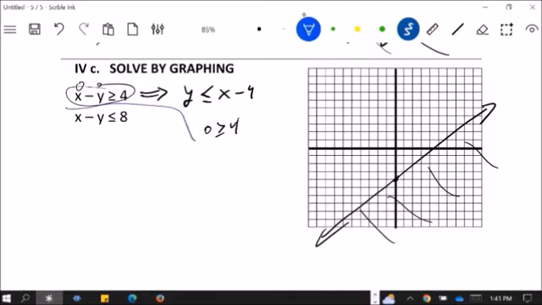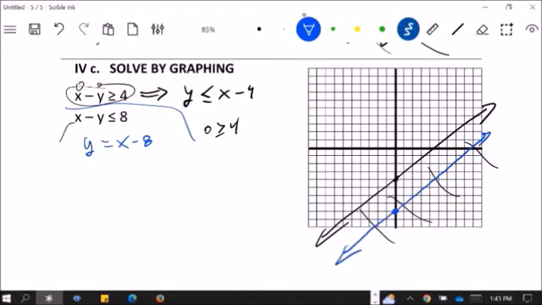Let's use blue for this one. That one becomes y equals x minus 8. And so I will go to negative 8 right here. And then it's 1, 1, and it's a solid line, up 1 and over 1. That goes this way.